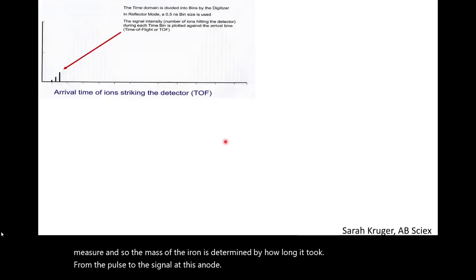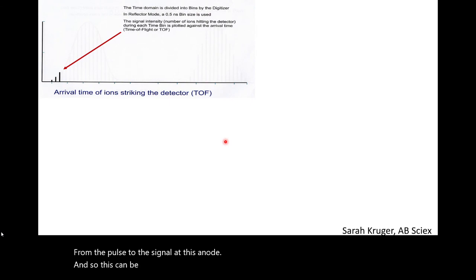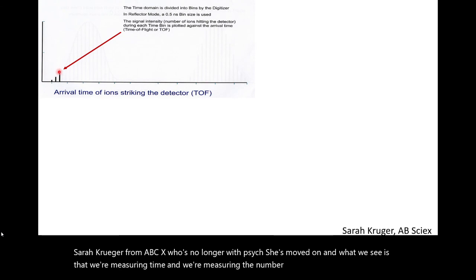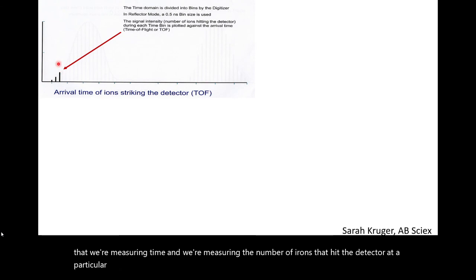And so this can be shown in this series of slides that was made by a good friend of mine, Sarah Kruger from AB SciX, who's no longer with SciX, she's moved on. What we see is that we're measuring time, and we're measuring the number of ions that hit the detector at a particular time. We talked about this in the last lecture with MALDI and TOF.